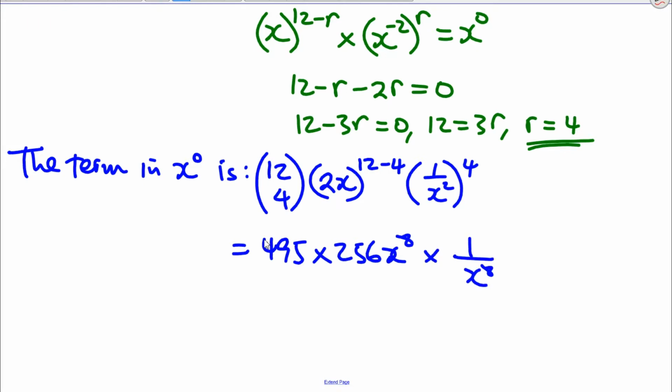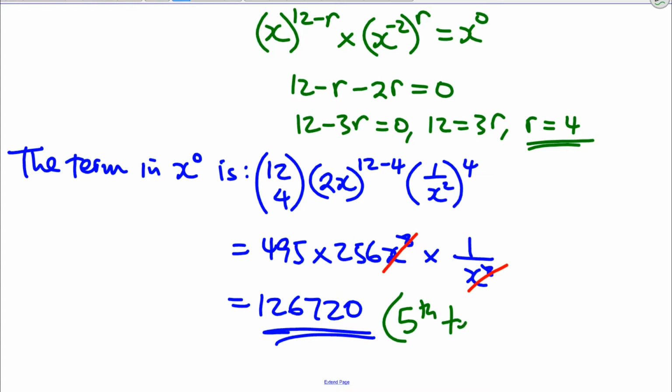And again, you can see that the x to the power 8 will cancel. So our term in x to the power 0 will be equal to 126,720. Now, this is actually a fifth term, because r is equal to 4.